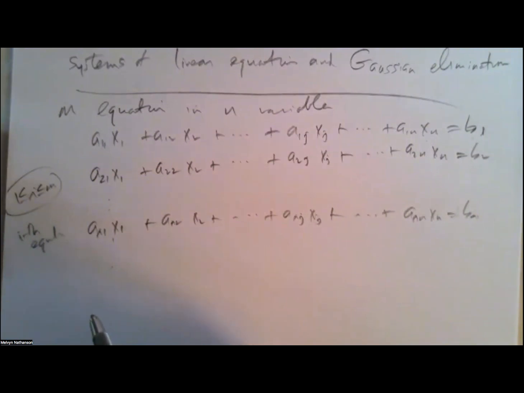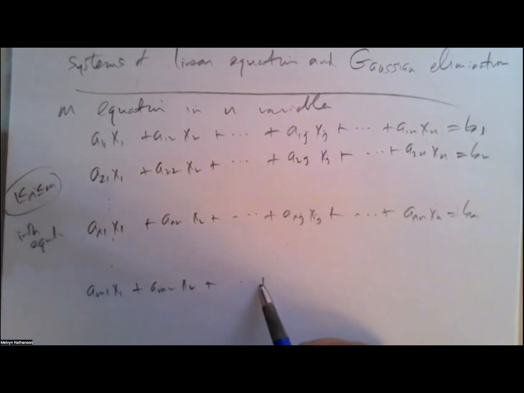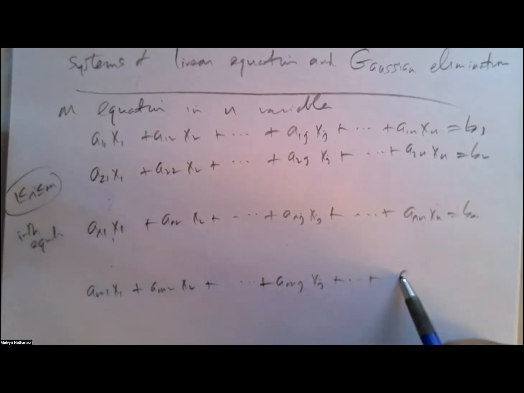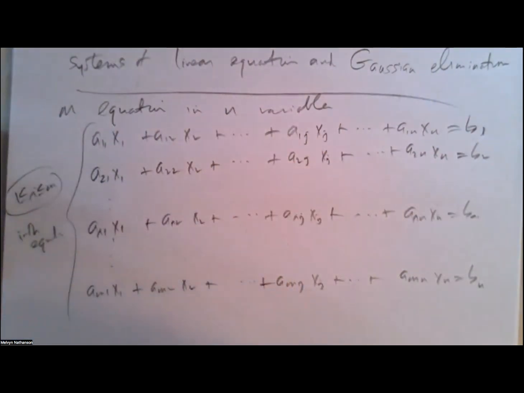Finally, we get to the last equation, which is equation number m: am1x1 + am2x2 + ... + amjxj + ... + amnxn = bm. So this is a system of m equations in n variables.